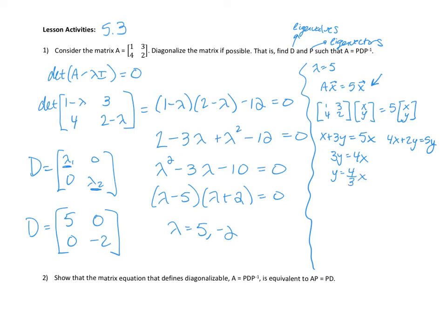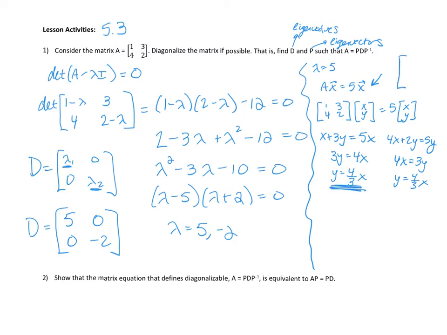And in this one, I get 4x equals 3y, so y equals 4/3 x. Again, it's very common. You either get two of the same equation, or one equation gives you something like 0 equals 0. So a vector that corresponds to lambda equals 5 would be any x y that satisfies this equation.